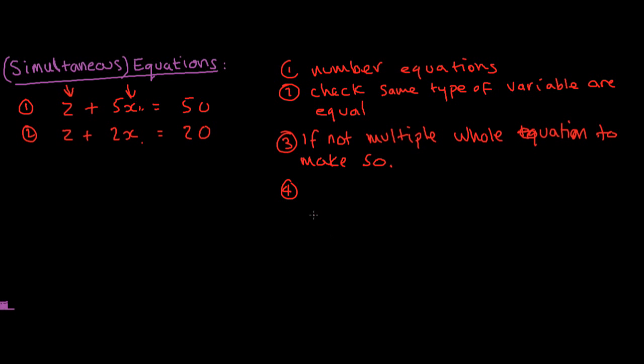Step 4, apply signs same subtract. Signs same subtract is just a little memory thing to help you remember that if these signs are the same, then you subtract them, and if they're not the same, then you add them.